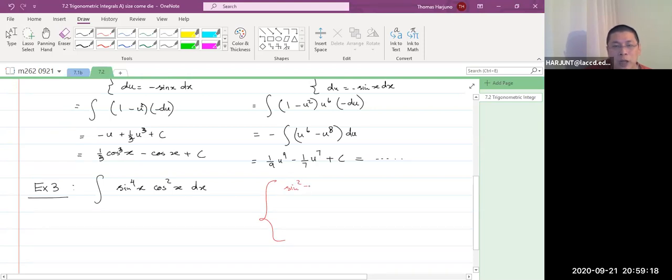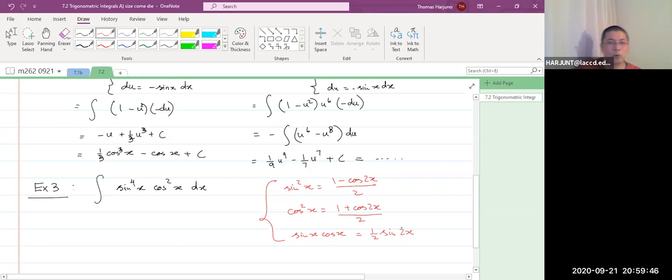Sine squared x equals 1 minus cosine 2x over 2. Cosine squared x is 1 plus cosine 2x over 2. Or you can also use sine x cosine x equals 1/2 sine 2x. Again, you can find this formula in the list I gave you earlier in 7.1.